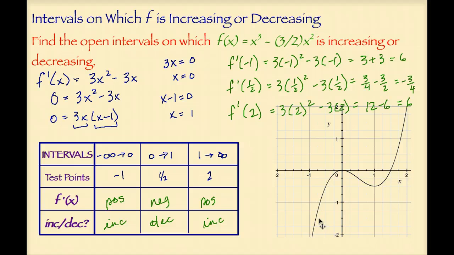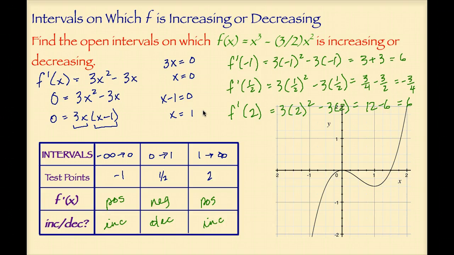Notice that from -infinity to 0, we have an increasing section of the graph, which is what we found. Then from 0 to 1, we have a decreasing section of the graph, which is matching the analysis that we found. And then from 1 to infinity, we have an increasing section of the graph, which also matches our analysis.